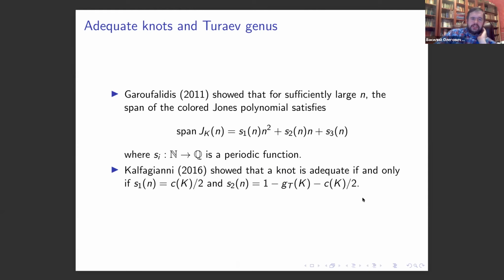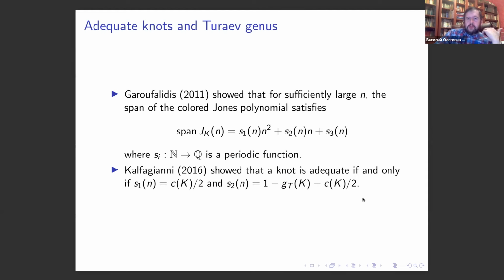Well, just a couple of words on how I proved that theorem. The idea is that in order to decrease the genus by, say, 1, we have to increase the span of the Kauffman bracket by something.